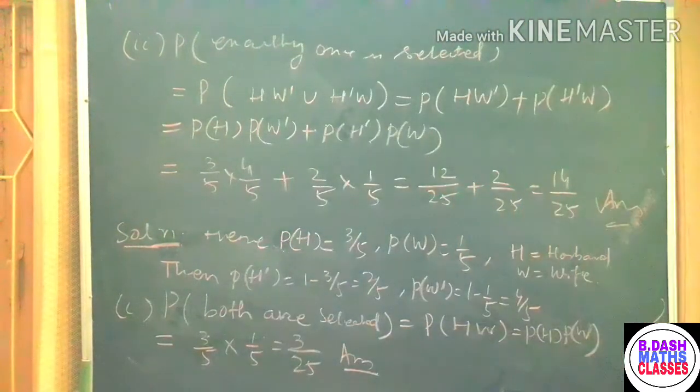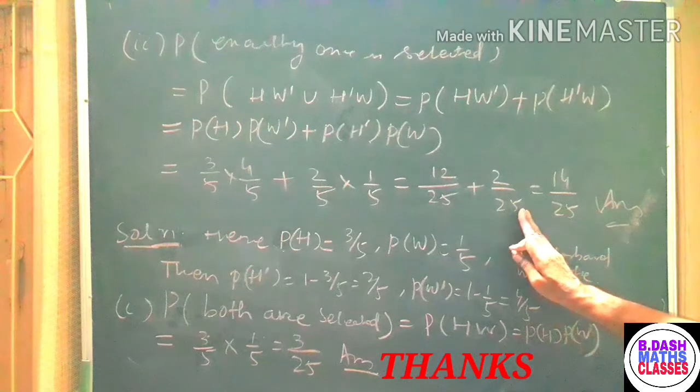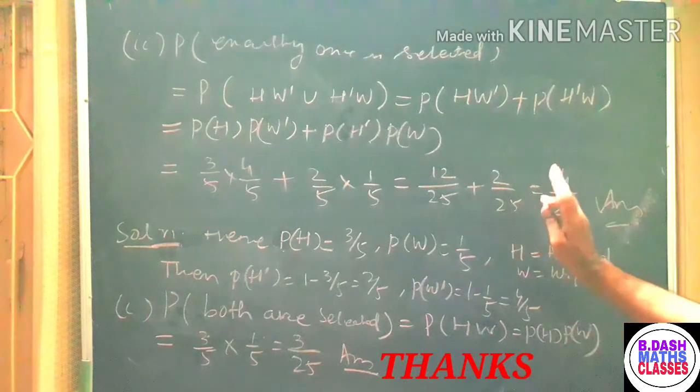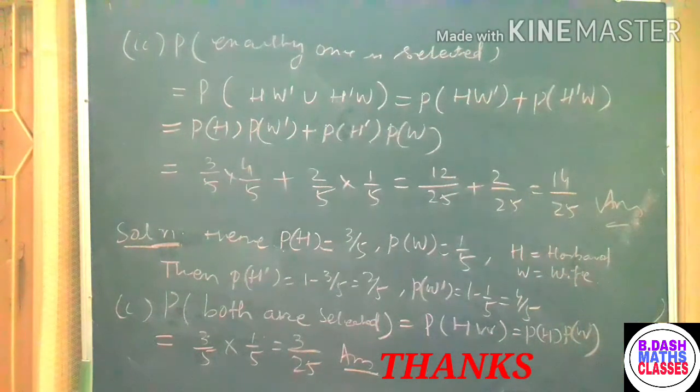Answer. So the probability of exactly one selected is 14 by 25, whereas the probability of both selected is 3 by 25. So this is the answer.